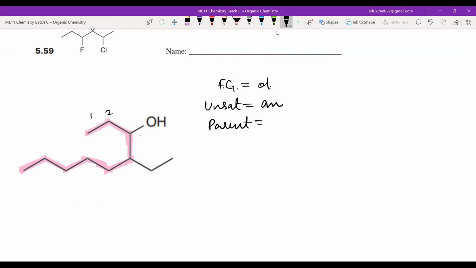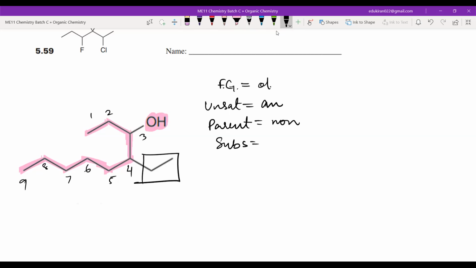So 1, 2, 3, 4, 5, 6, 7, 8, and 9. There are 9, right? Yes. I hope. Okay. Now the substituent. So see, this OH is also done. We have named this OH also. This is not a substituent. What is the substituent? 4-ethyl.